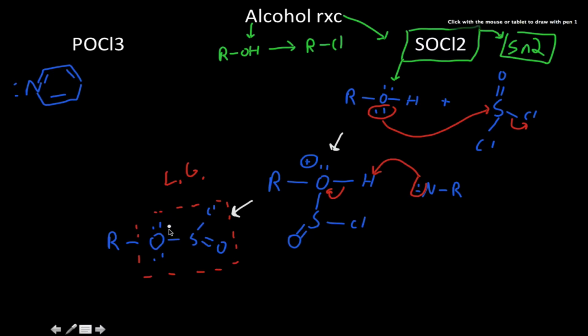So we have this guy here, and I'm going to do it in green. Okay, so remember this guy here. We lost him. We're not done with him, though. He's going to come back. It's just enough concentration, but there's not as much as we had with the POCl3. Remember, this is an SN2 mechanism, so a lone pair on the chlorine is going to come in and do an SN2 reaction.